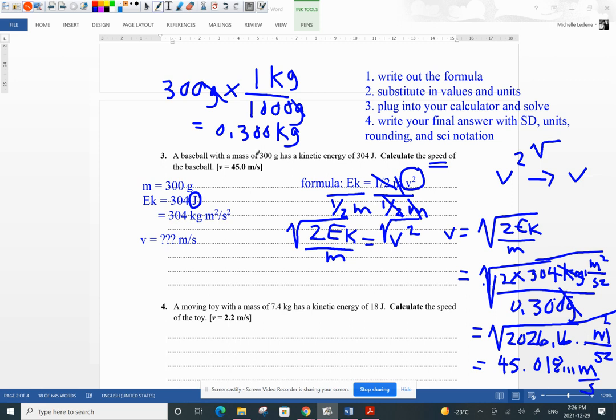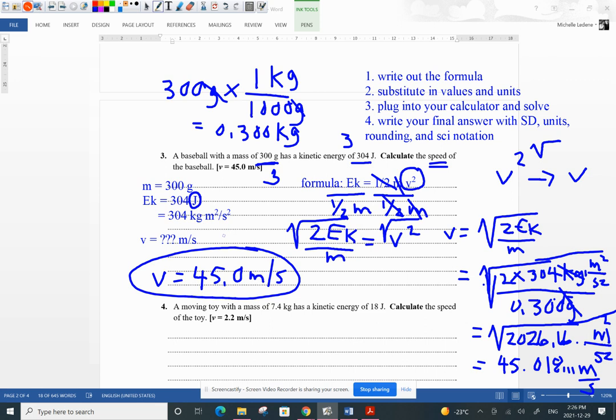Now go back to your original data. 3 sig digs there, 3 sig digs there. So the speed of this baseball is 3 sig digs, 45.0, and the units for speed are meters per second. Okay, check your answer. Have you rounded correctly? Yeah, I've got 1, 2, 3 sig digs.